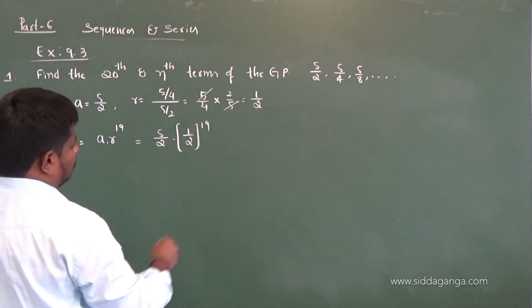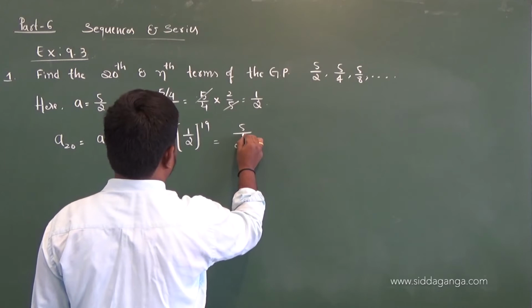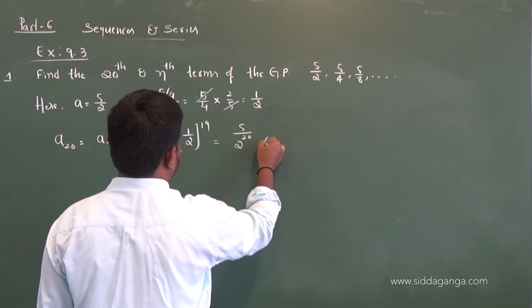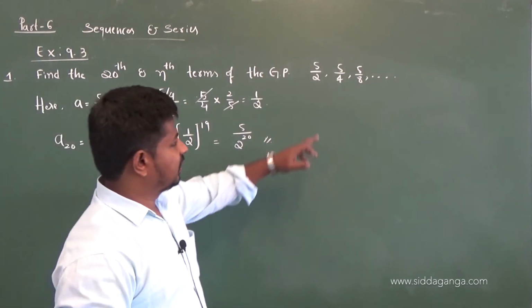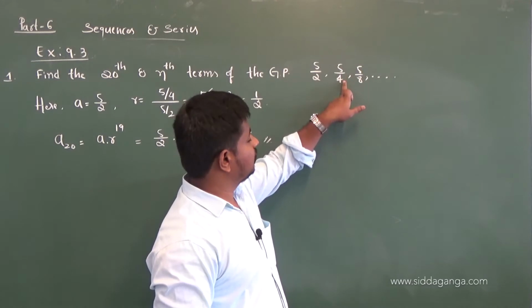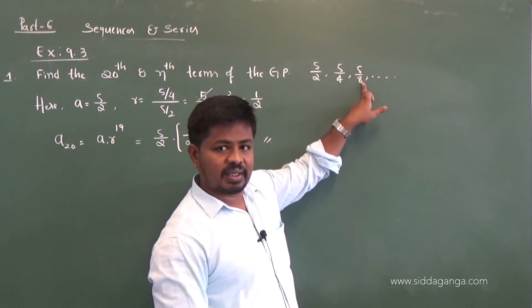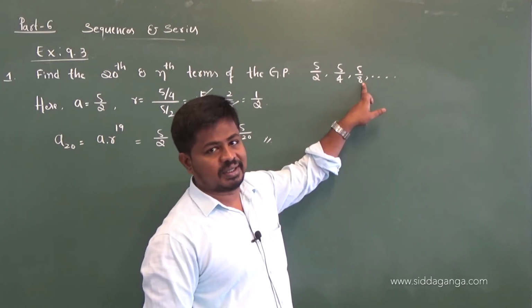Or you can write this as 5 by 2 power of 20. So this is your 20th term. Of course, by looking at the GP you can say this is 5 by 2 power of 1 first term, 5 by 2 power of 2 second term, 5 by 2 power of 3 third term, and so on. So 5 by 2 power of 20 will be the 20th term, that is it.